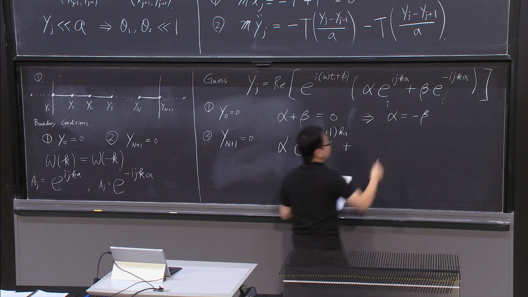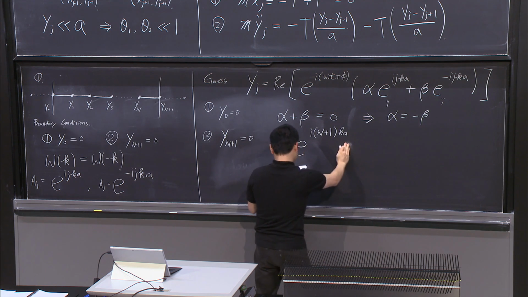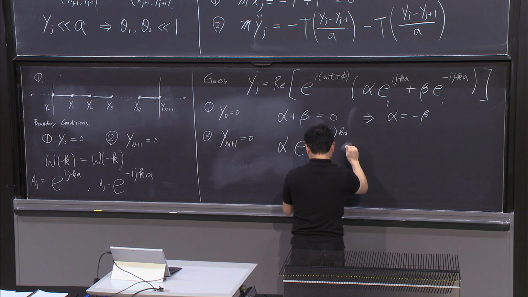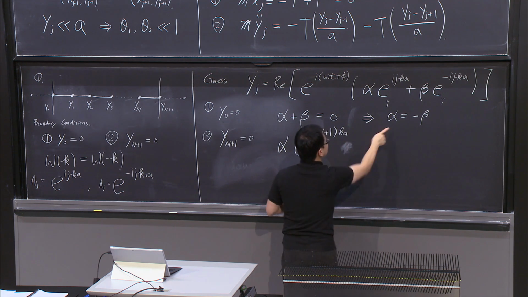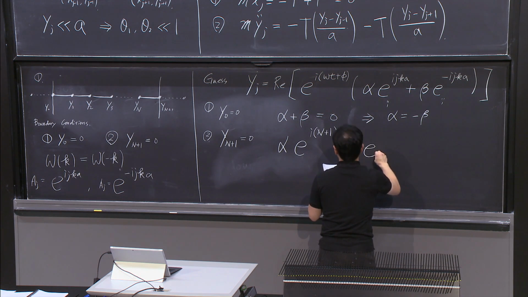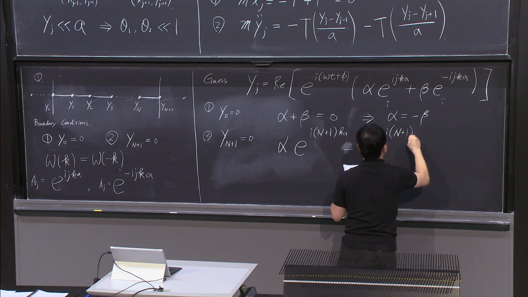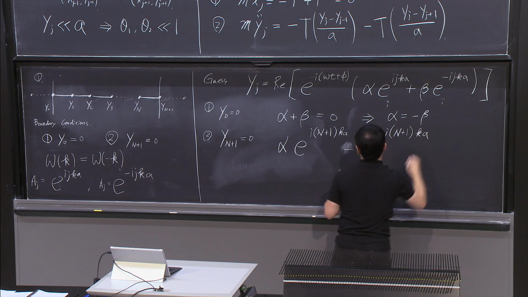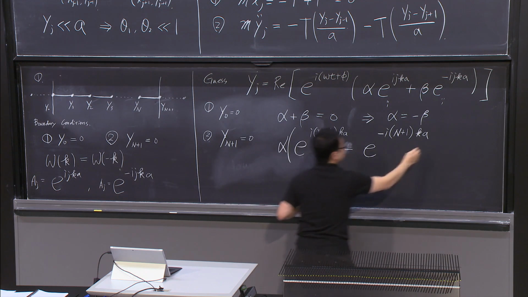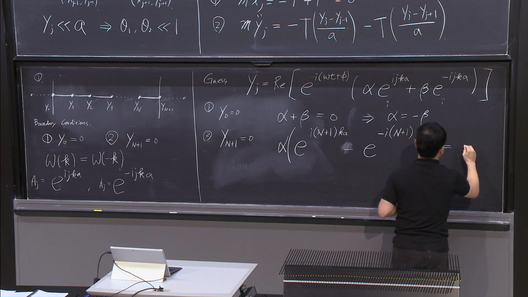So beta is actually equal to minus alpha, right? So basically you can get minus exponential minus i (N+1) ka, multiplied by alpha, and that is actually equal to 0.